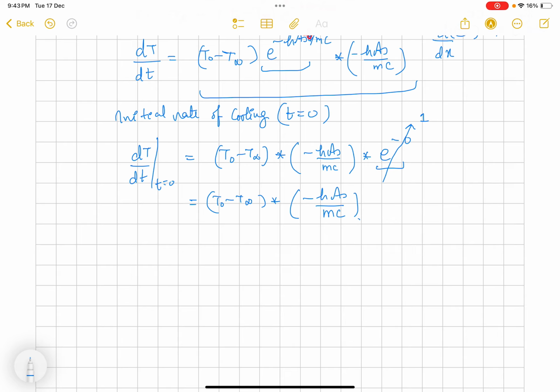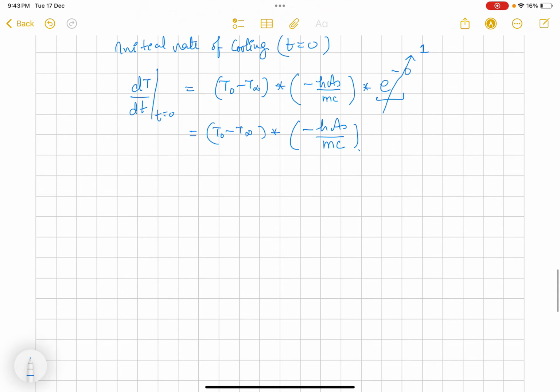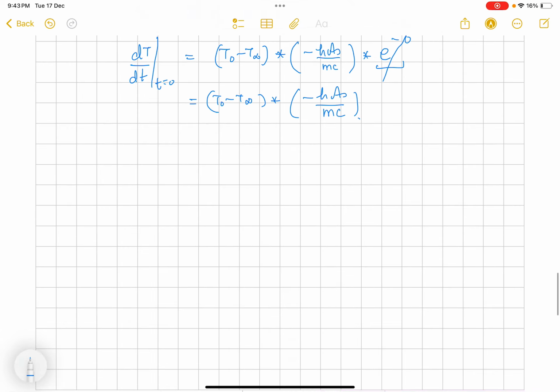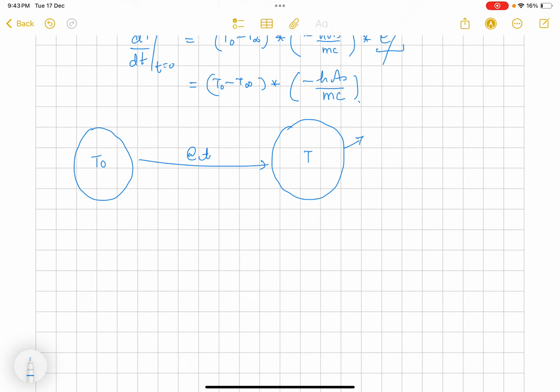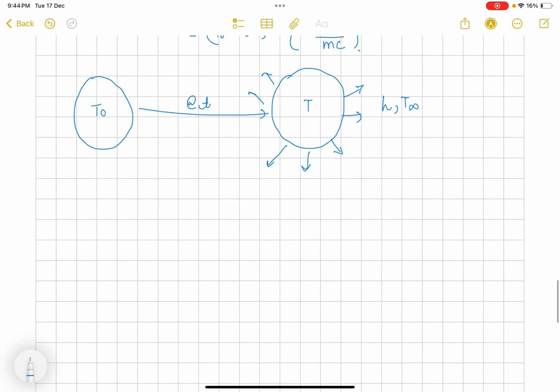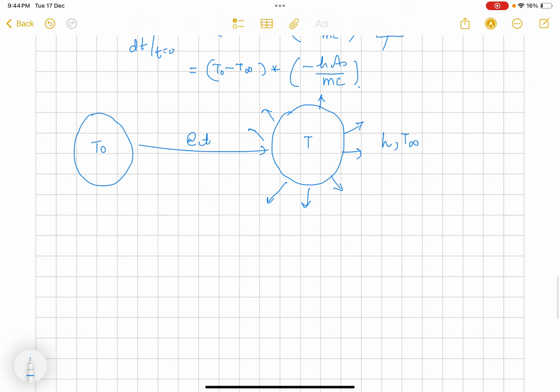All right, so next we want to find the instantaneous rate of heat transfer from the body. Let's say the body was at initial temperature T0 at every point, and after time t the body has some temperature T. We want to find how much heat transfer is happening from the body when it is placed in a surrounding having heat transfer coefficient h and free stream temperature T∞.